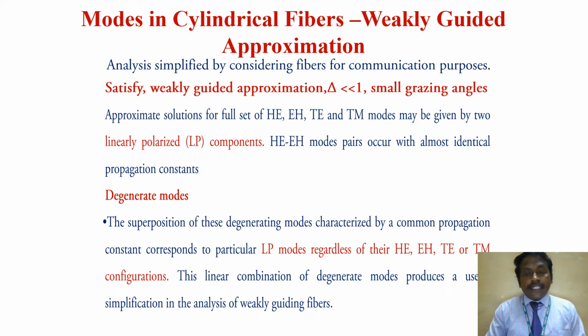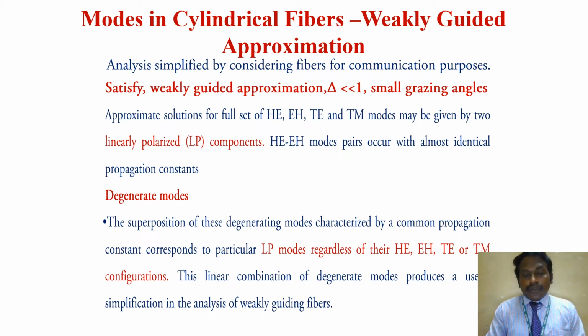That is, the EH and HE mode pair occur with almost identical propagation constant. So degenerate mode means the superposition of these degenerate modes characterized by a common propagation constant corresponds to a particular linearly polarized mode regardless of the HE, EH, TE or TM configuration.